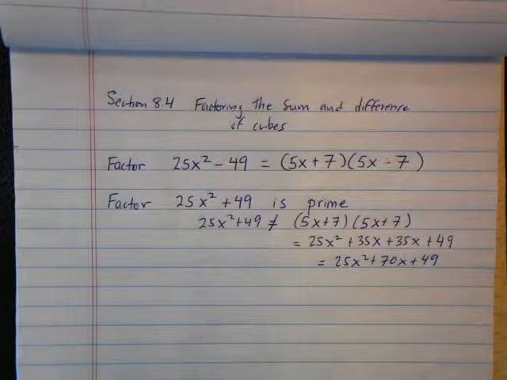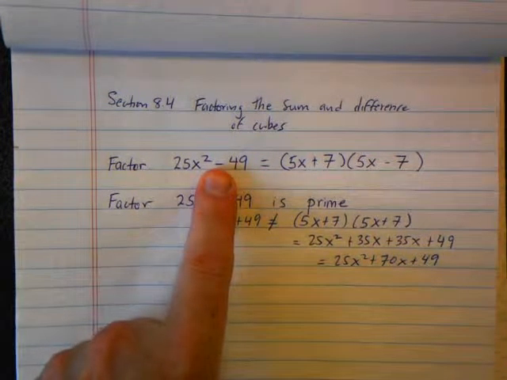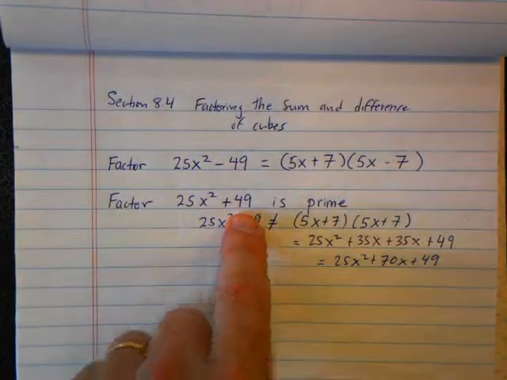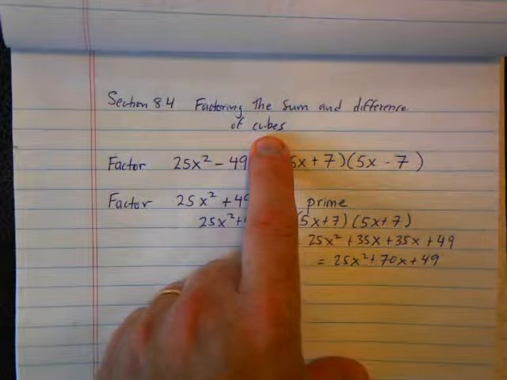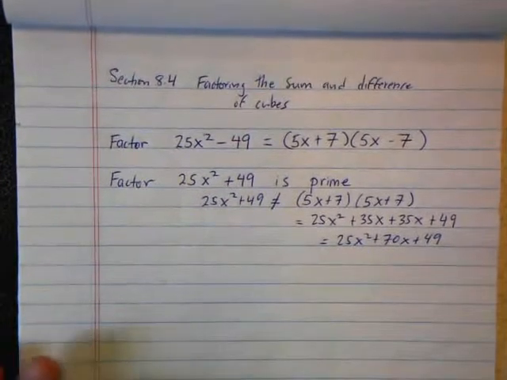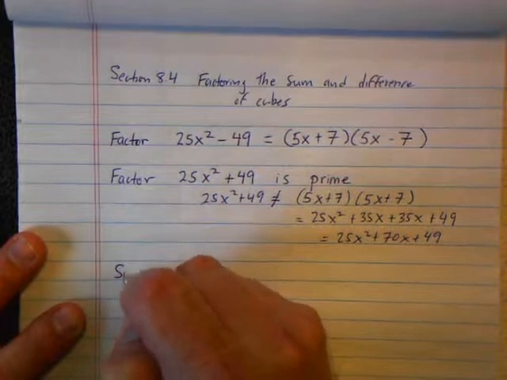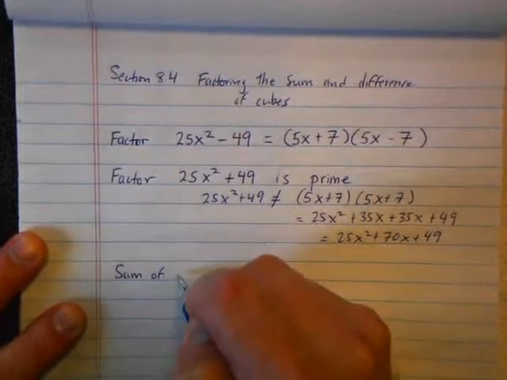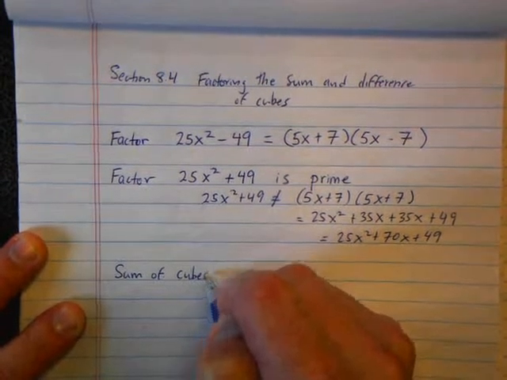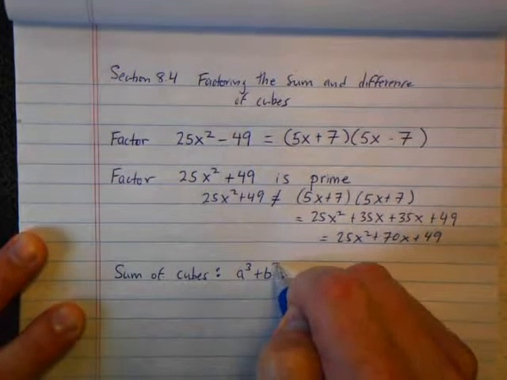All right, well, what we're going to talk about today is similar formulas, except instead of having the difference of squares or the sum of squares, we're going to have sum and difference of cubes. So basically, there are 2 more formulas that you're going to need to memorize, and they look like this. The first one is called sum of cubes, and it has a cubed plus b cubed.